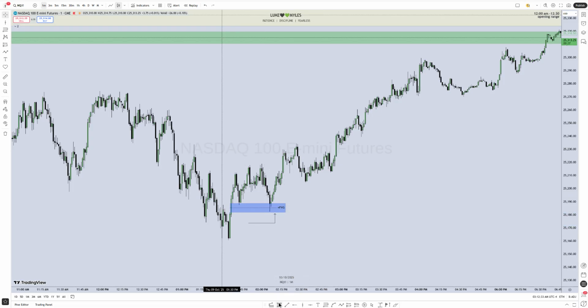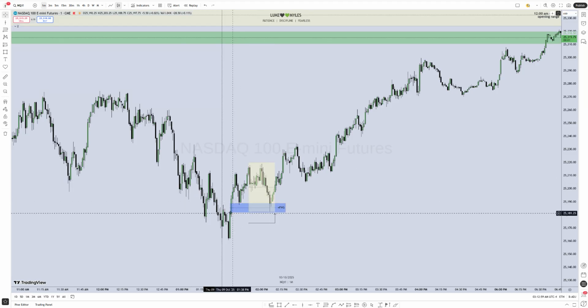If I'm to zoom in into that, that is a macro right there. You're having that yellow box as a macro, the 2 p.m. macro right there.